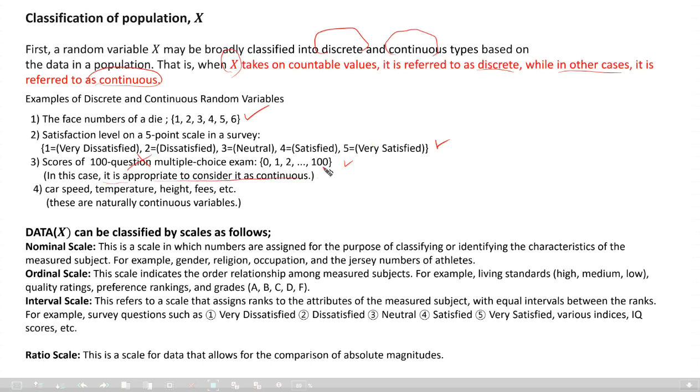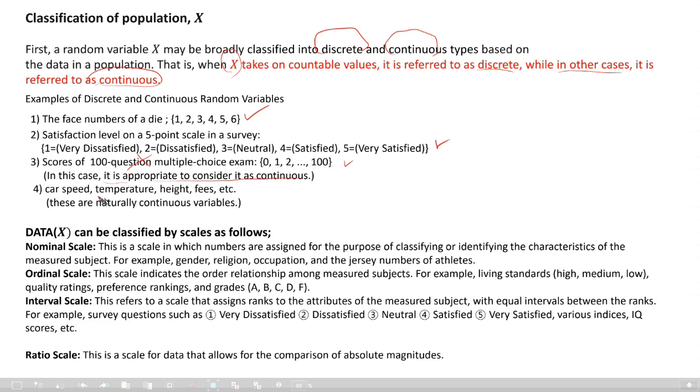There are 101 values from 0 to 100, so countable. So somebody, especially beginners, consider it as discrete, but this kind of data, this kind of random variable, we consider it as continuous.